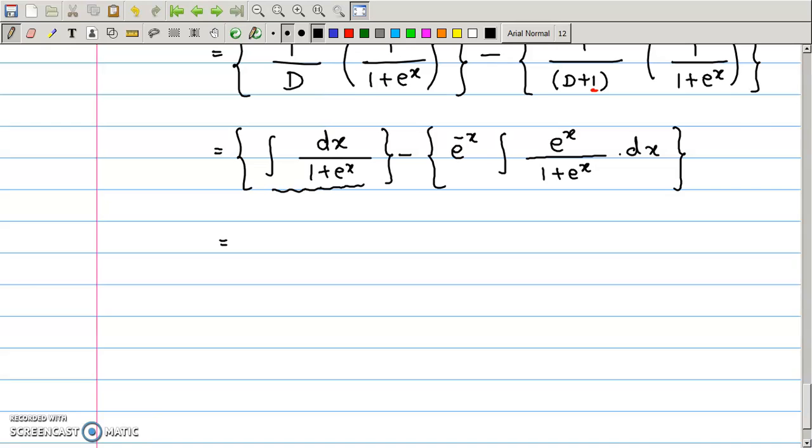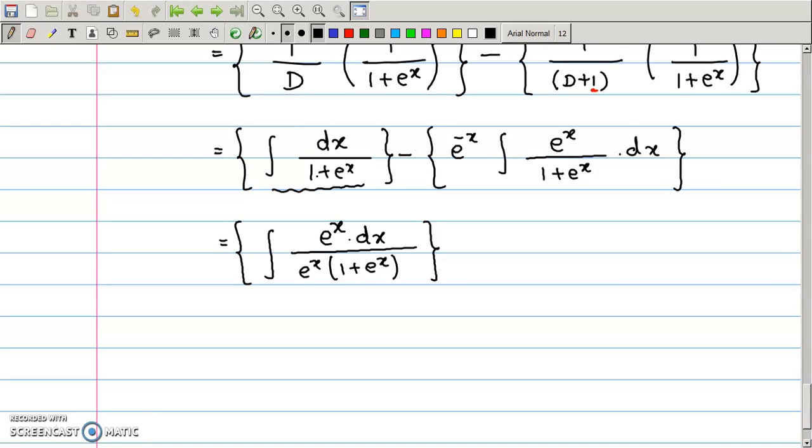So to evaluate this, we can multiply numerator and denominator by e raised to x. So for evaluating this, we multiply by e raised to x in the numerator as well as denominator 1 plus e raised to x. Or we can take e raised to x common.